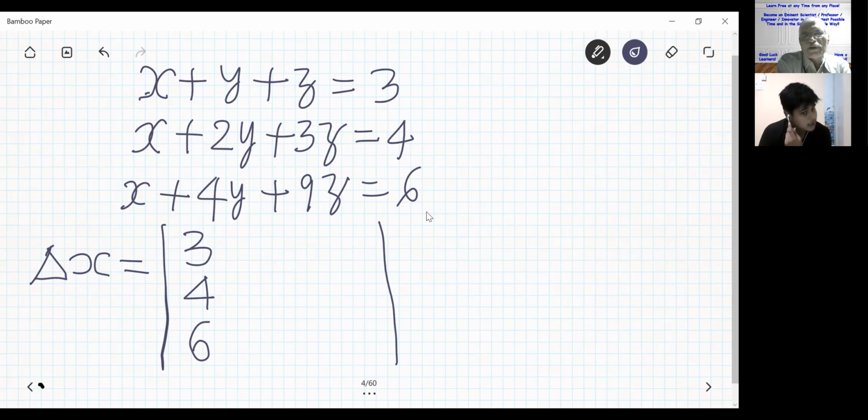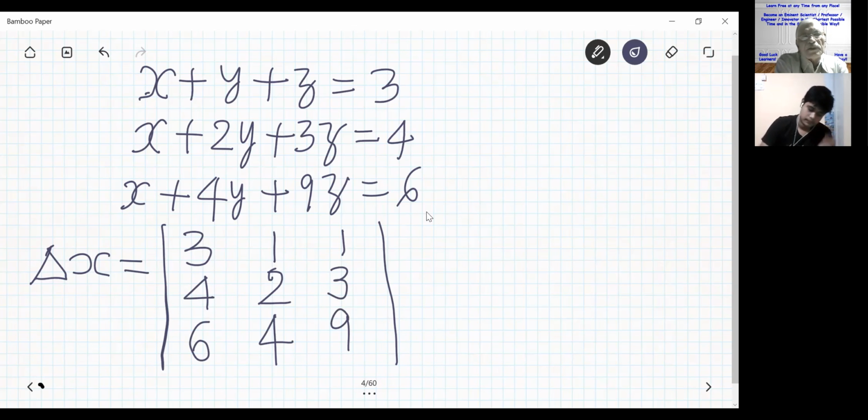So for the y coefficients it will be 1, 2, and 4. Then for the z coefficients again it's 1, 3, 9. Now you find out the expansion of this determinant, which is our delta x: 3, 4, 6, 1, 2, 4, 1, 3, 9. If you want, you can write here, let delta is equal to.